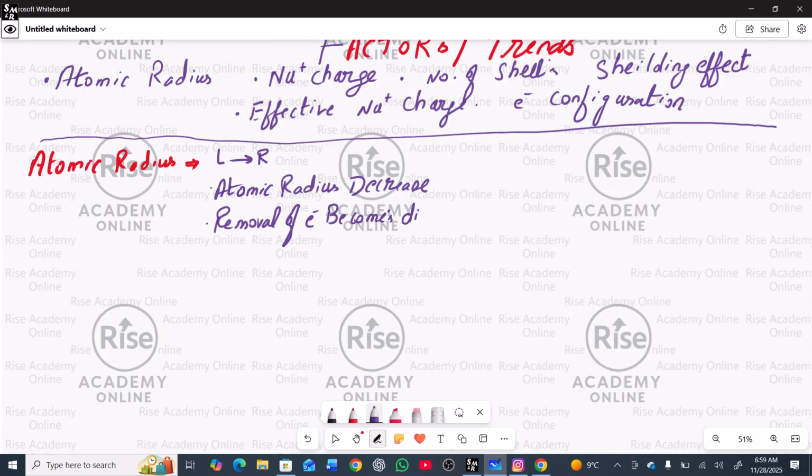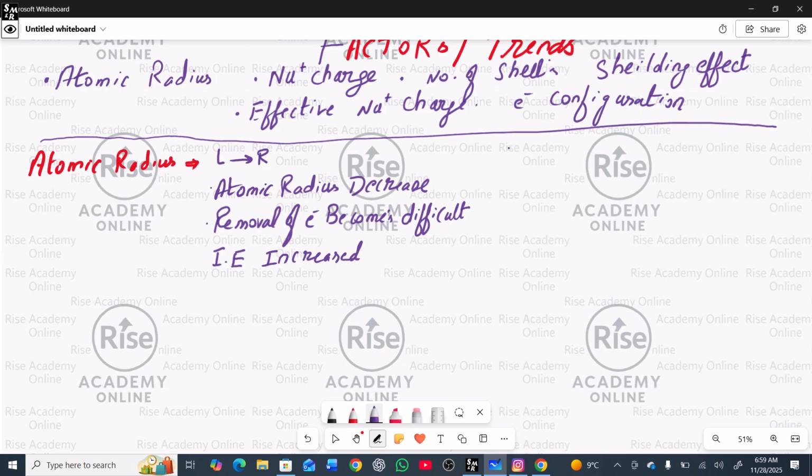So ultimately the ionization energy required to remove an electron is increased. More energy is required in each step to remove a valence electron. So we can say ionization energy increases.